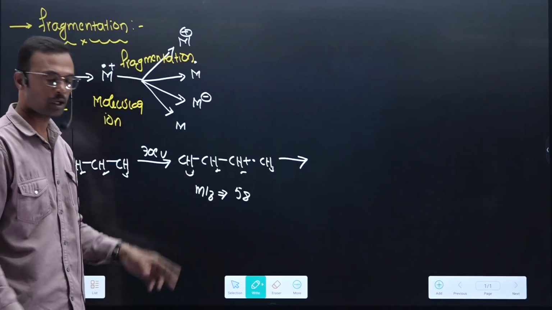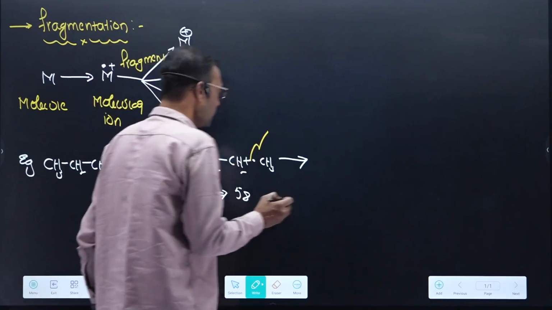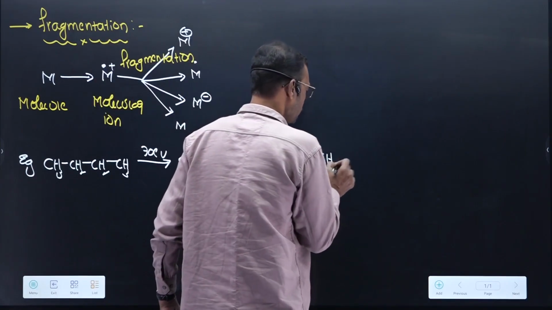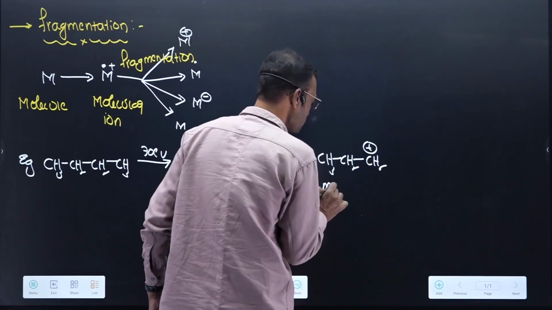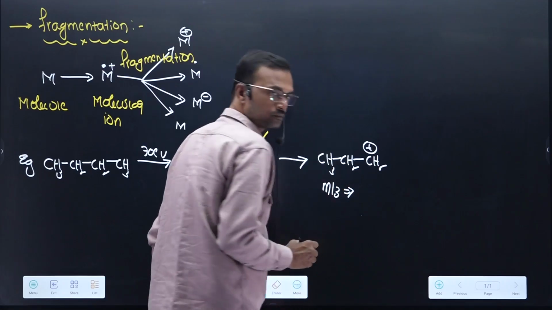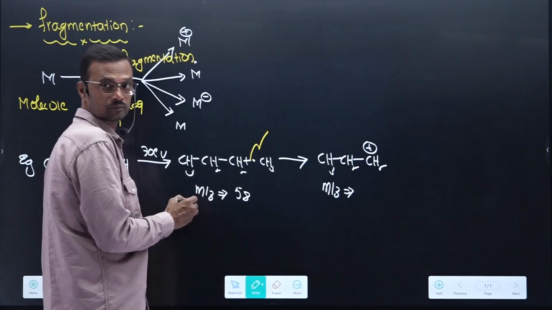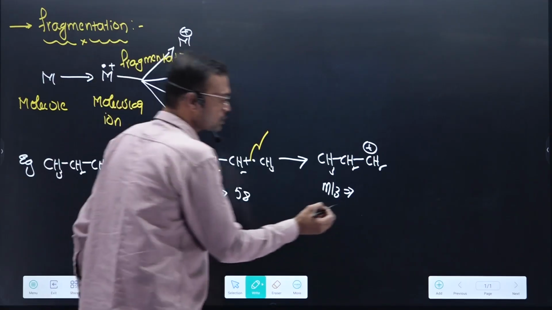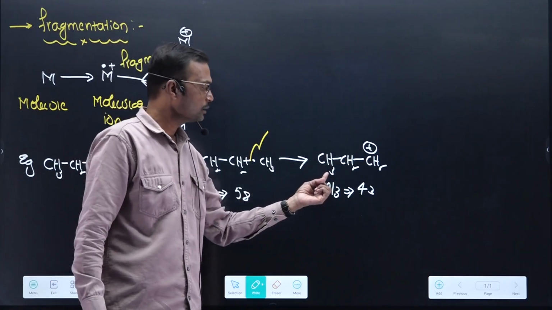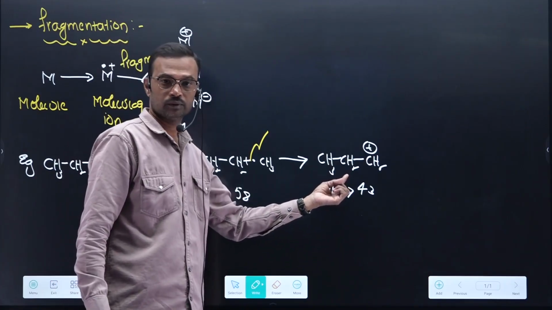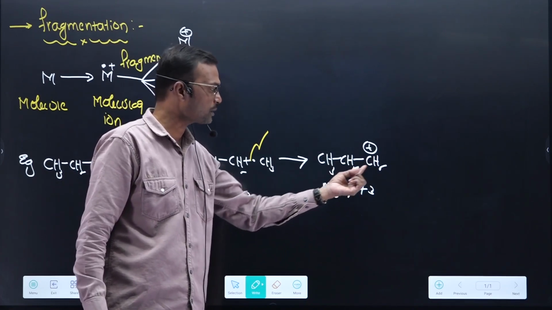After formation of molecular ion, they undergo fragmentation. Now, homolytic cleavage, listen. Here you will get CH2 plus. So what about the m/z value? What is the m/z value? 43.